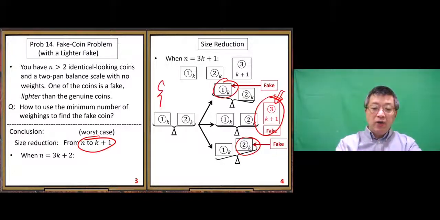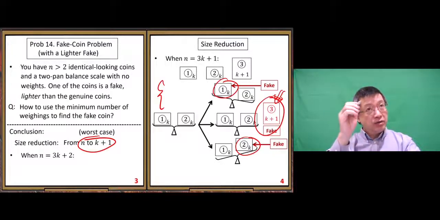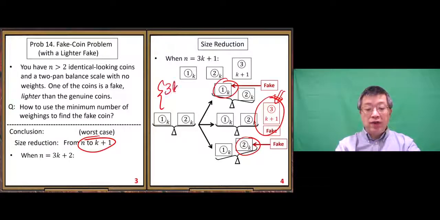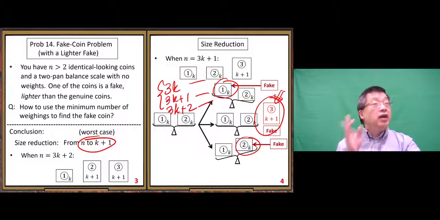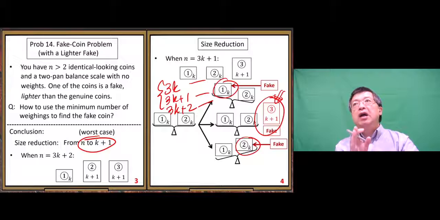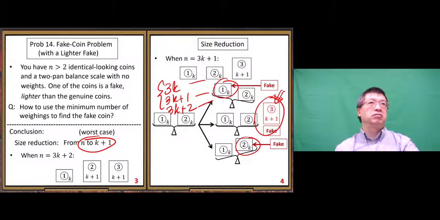Similarly, we consider the last 2 cases. Because when n is an integer, n only has one of the 3 forms: 3k, 3k plus 1, 3k plus 2. So those are the only 3 cases we have for integer n. The last case we need to consider is this one. By the balancing principle, we do this kind of coin allocation. Then for the worst case, we should put pile 2 and pile 3 on the scales.